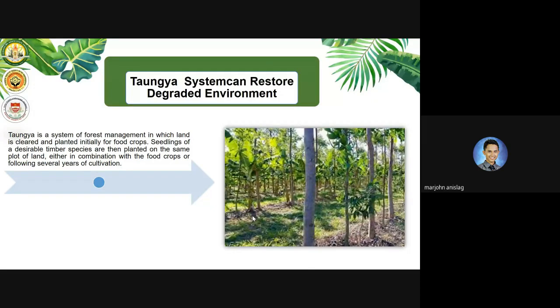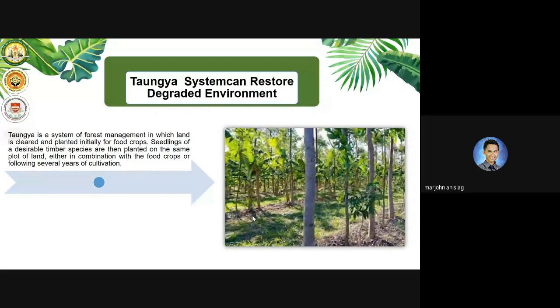This agroforestry farm practice is very helpful to restore the degraded environment, particularly on degraded landscapes. It helps to cover the open land that is prone to soil erosion and mass landslide.